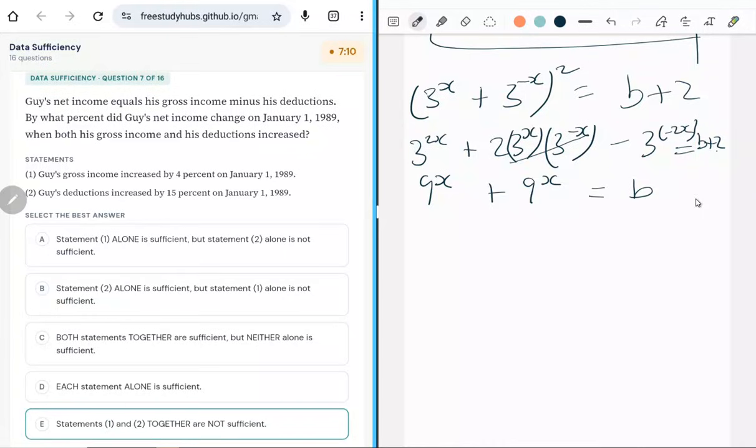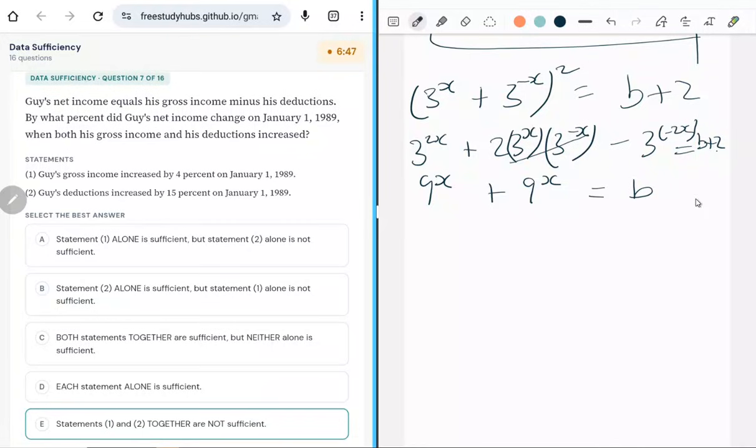So both his gross and his deduction increase. So that means his net increases, right? So guy's gross income increases by what? By what percent does the guy's income change? So N equals G minus D, right?